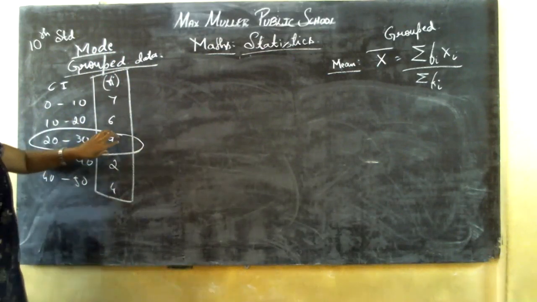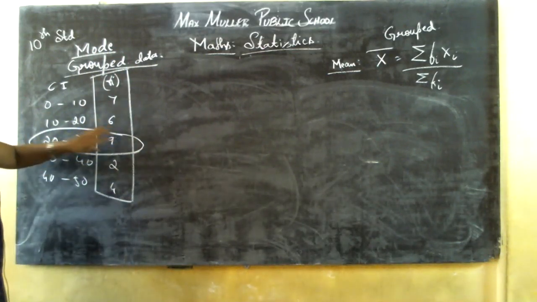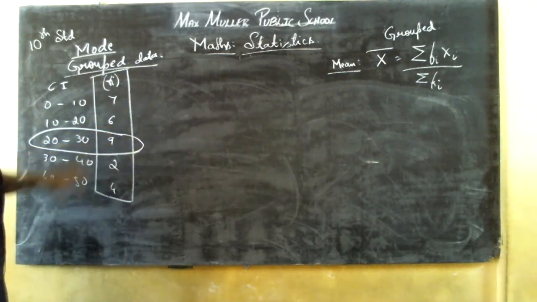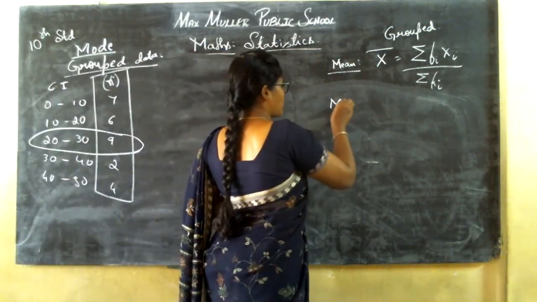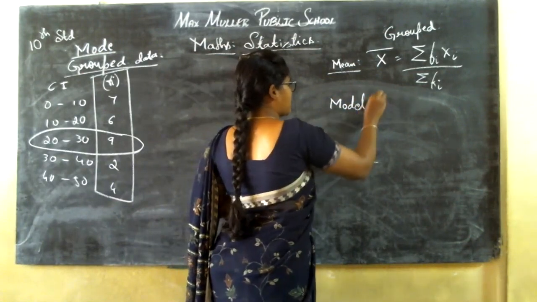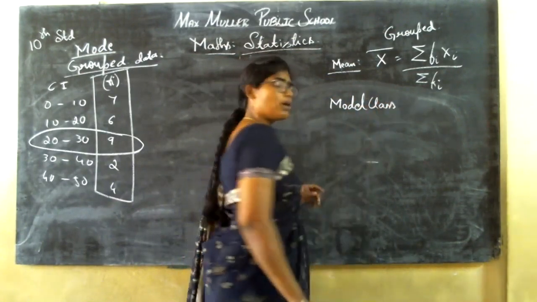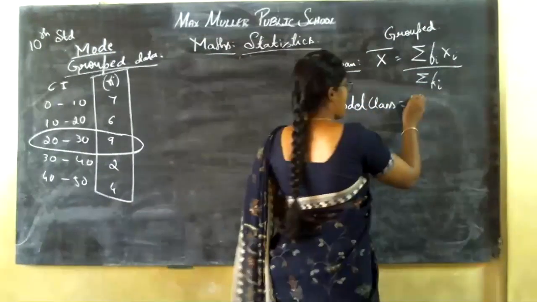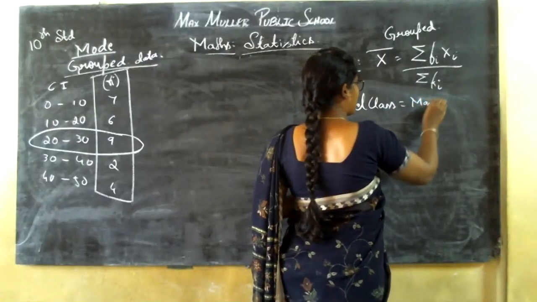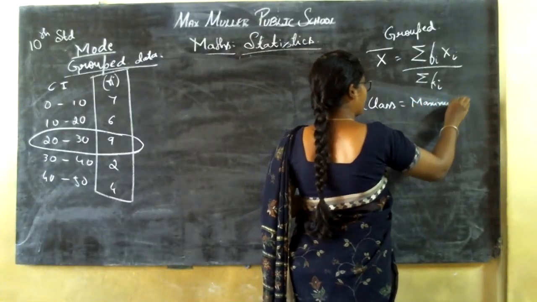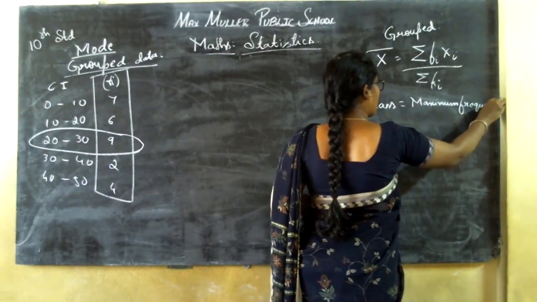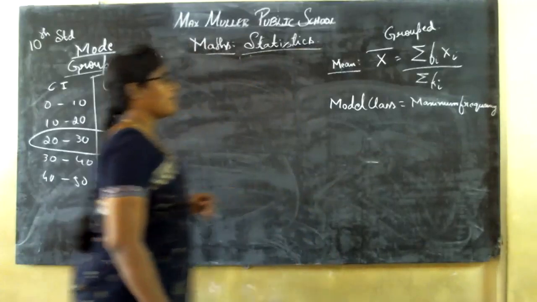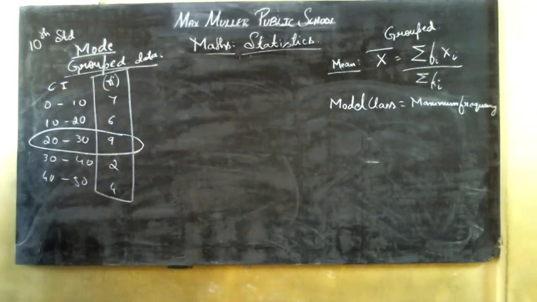So the maximum frequency that you get is called the modal class. What is this modal class? It is the maximum frequency.